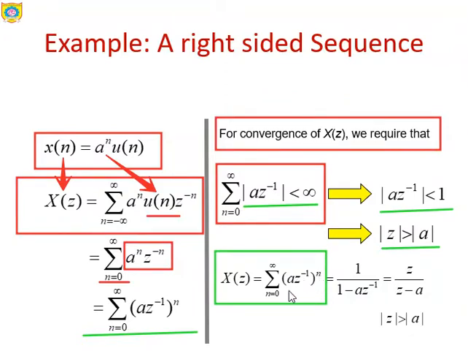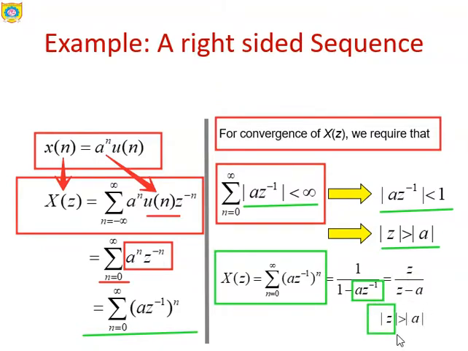This can be replaced directly with the expression 1 upon 1 minus a z inverse. Now simplify this a z inverse, which is nothing but a by z. By putting the value a by z over here, it can be readjusted as z upon z minus a, inverting that z to the numerator, so it will be z by z minus a.